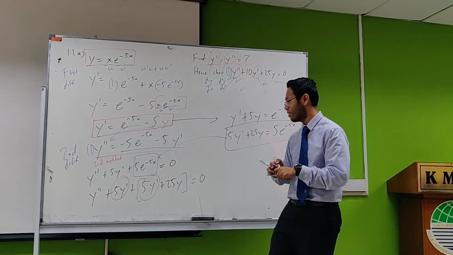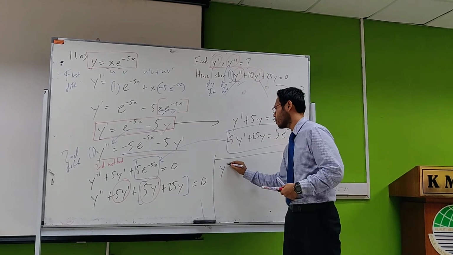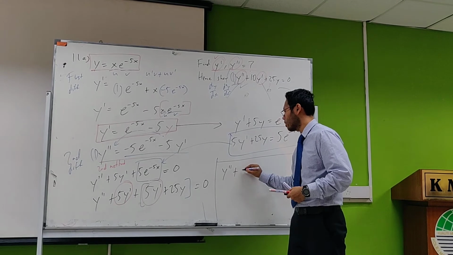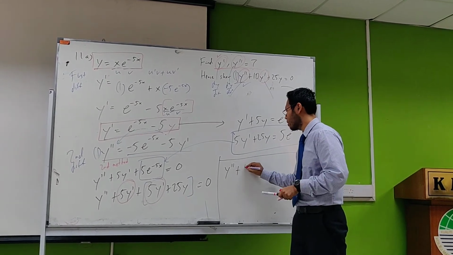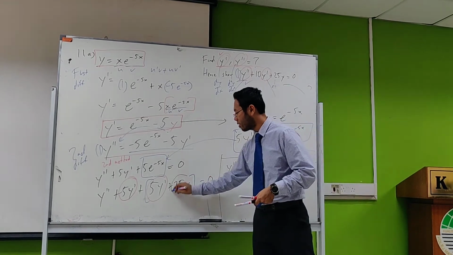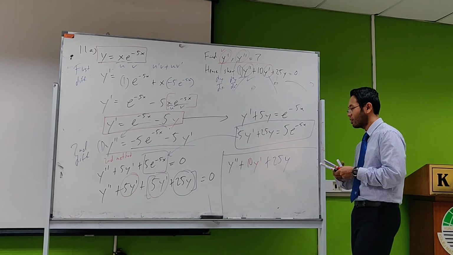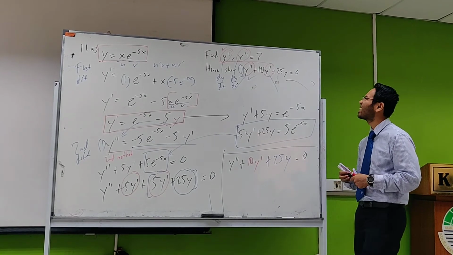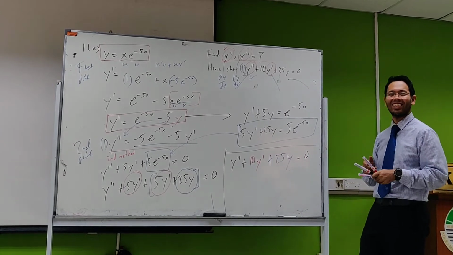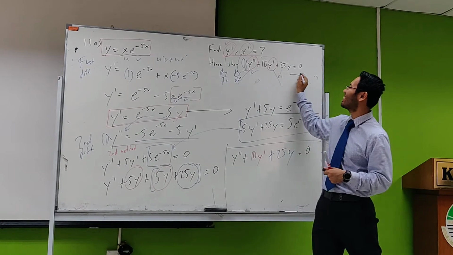What will I get? 10y prime. Sorry. And then I got my leftover here plus 25y equals to 0. And you get the answer.